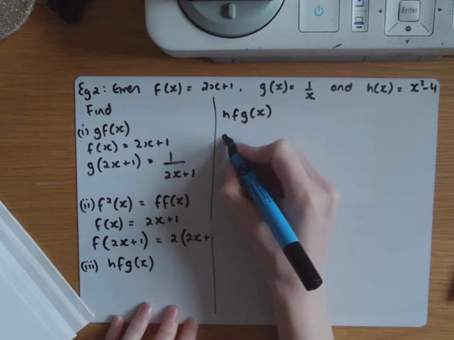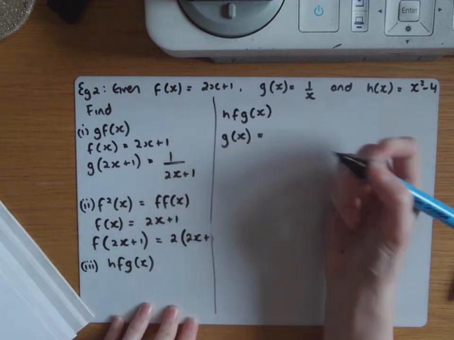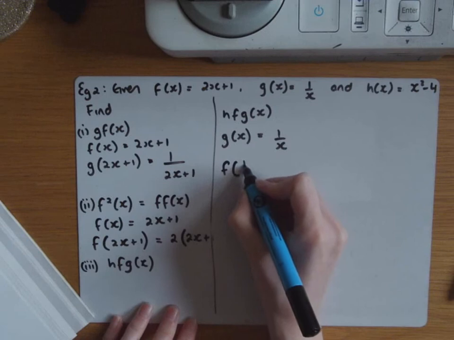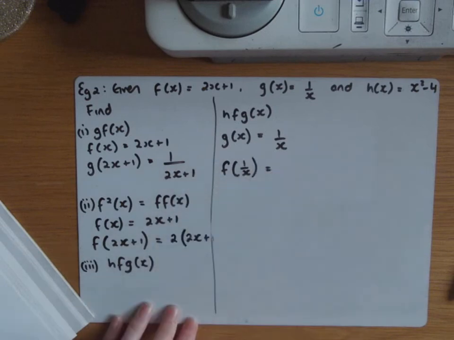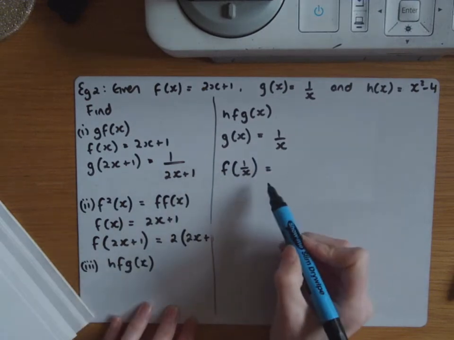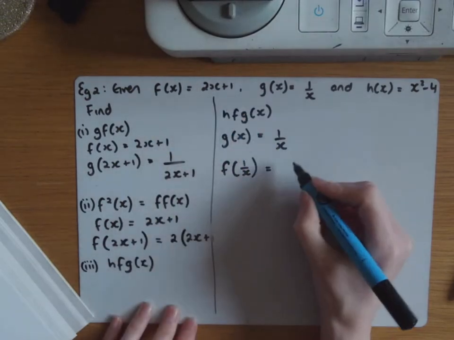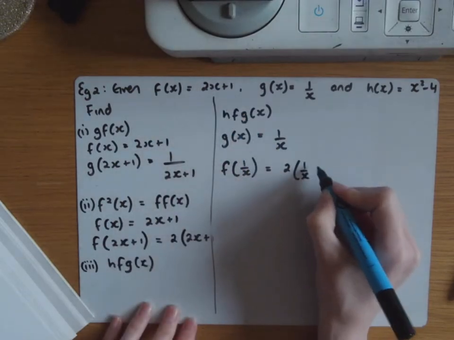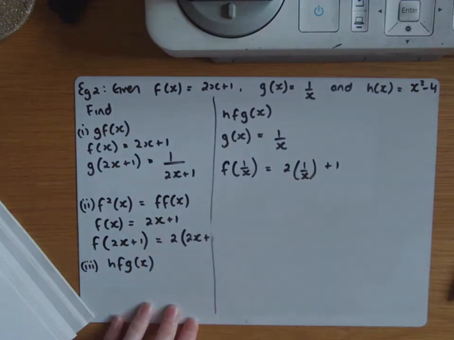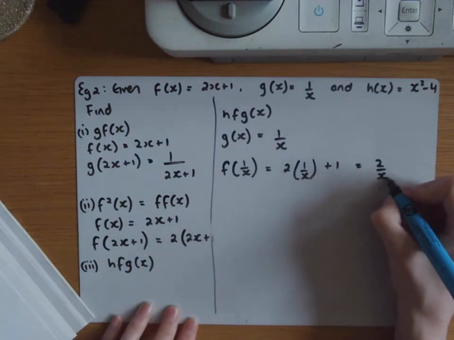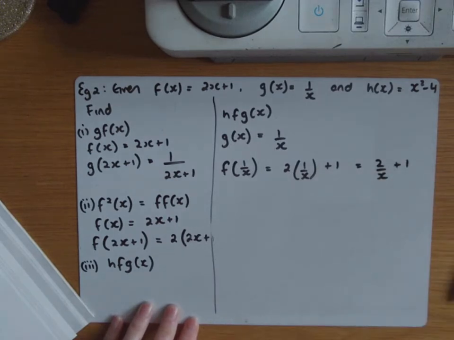The first thing I need to do is write down g of x. So that's 1 over x. Okay? Then I need to do f of that answer. f of 1 over x. So that means anywhere I see x, I now have to replace it with 1 over x. So 2 times 1 over x plus 1. So that's just 2 over x plus 1.